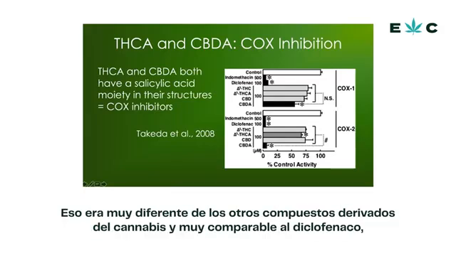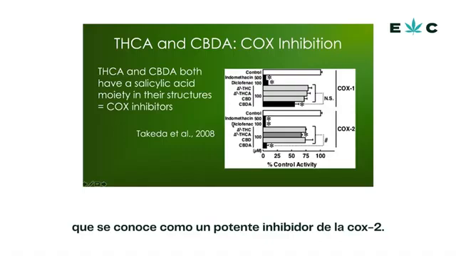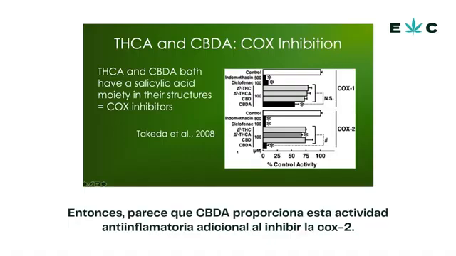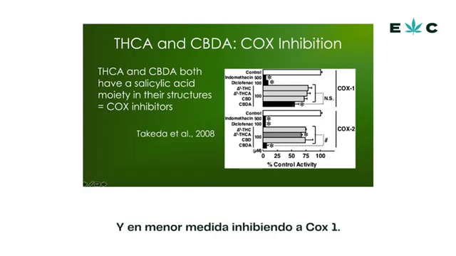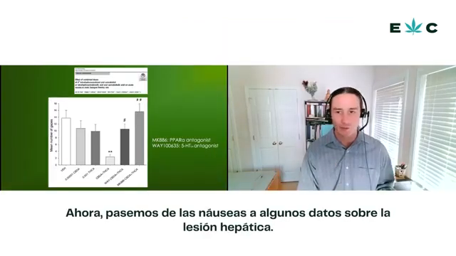That was very different from the other cannabis-derived compounds and very comparable to diclofenac, which is known as a strong COX-2 inhibitor. So it looks like CBDA provides this additional anti-inflammatory activity by inhibiting COX-2 and to a lesser extent, inhibiting COX-1.